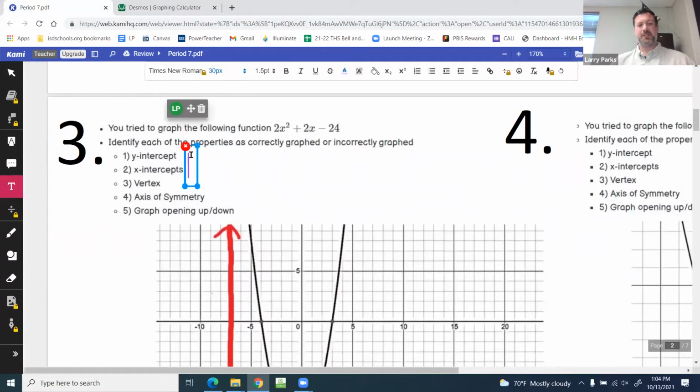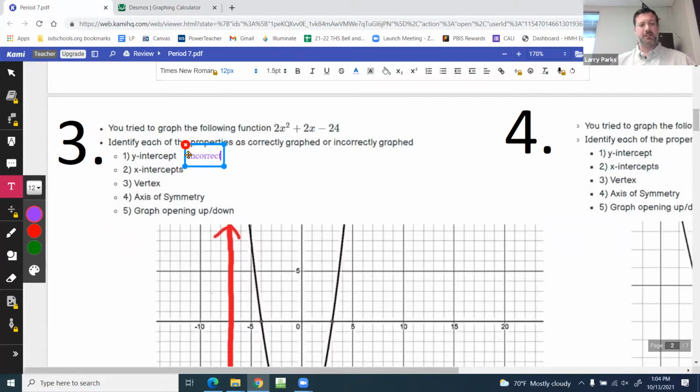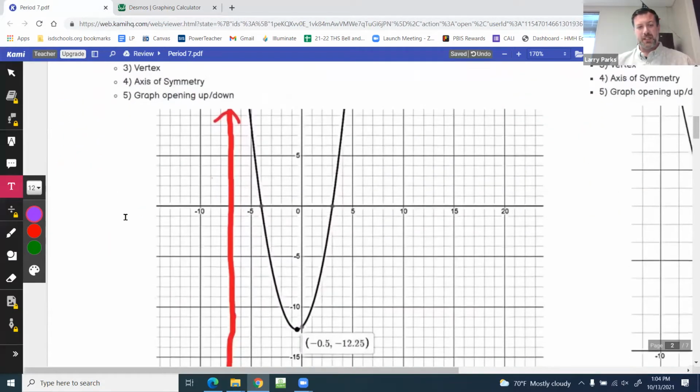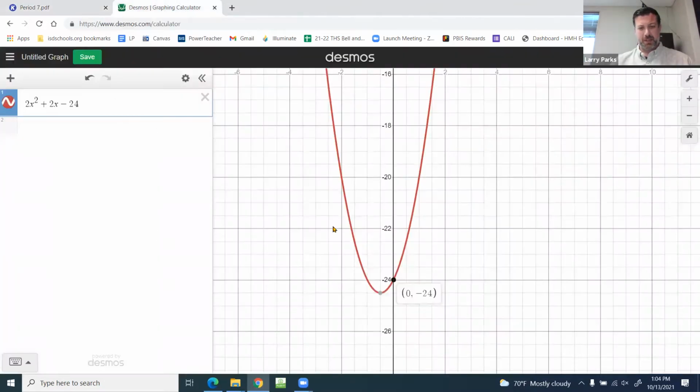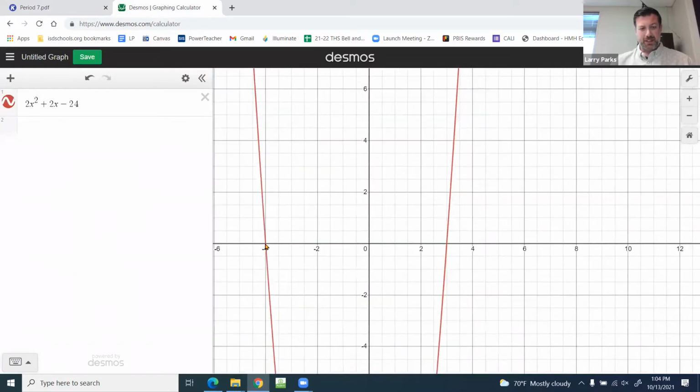The y-intercept, that's incorrect. X-intercepts. Here I have an x-intercept of negative 4 and 3, but it's supposed to be negative 4 and 3, so that is correct.